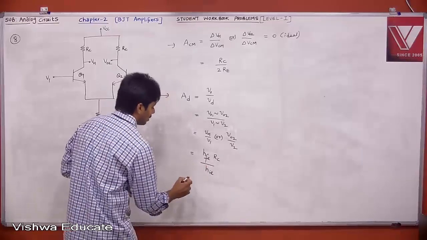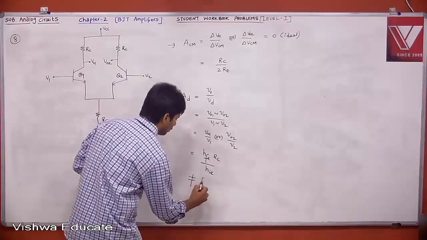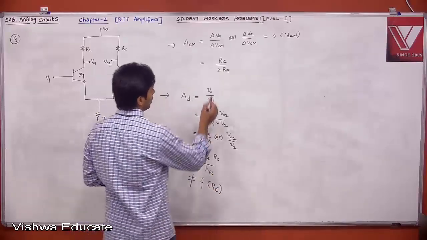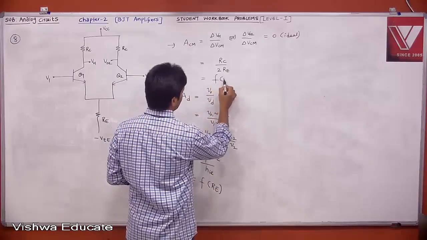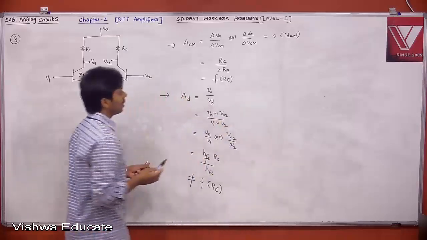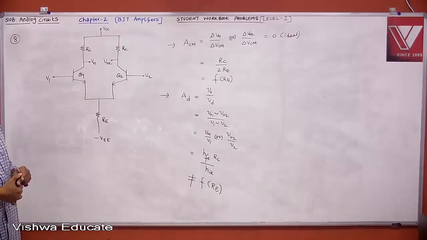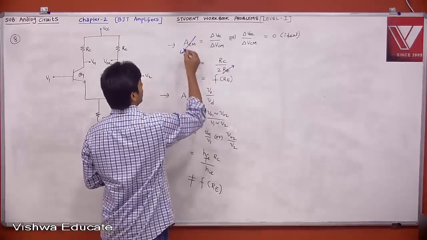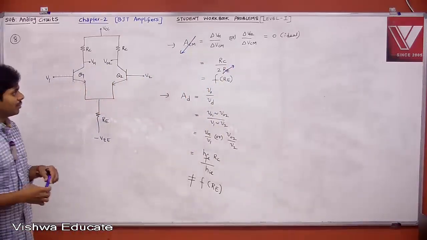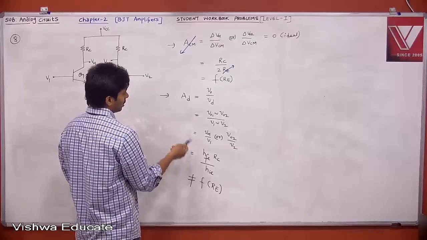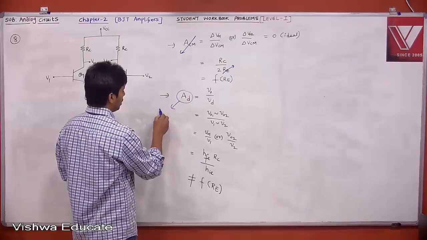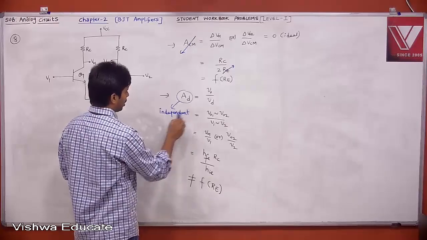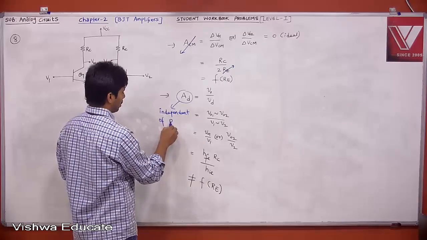It is independent of RE, irrespective of RE, but the common mode gain is a function of RE. Therefore now tell me, if you increase RE, what will happen? If you increase your RE, your common mode gain decreases. But the differential gain is independent of RE.